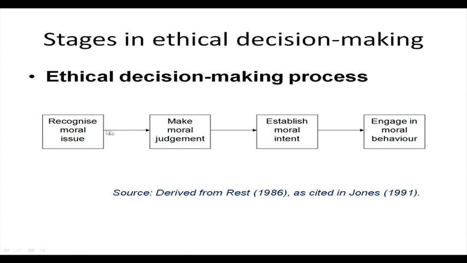So, first, the issue has to be recognized as a moral issue. Second, we should be able to make a moral judgment with regard to that issue. Third, there should be an intention to act, establishing an intent to act in a certain way after you have made this judgment, and the way your intention to act defines your moral behavior, meaning how you respond to the moral issue.